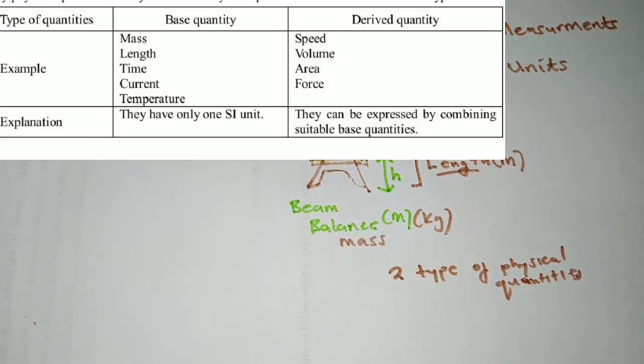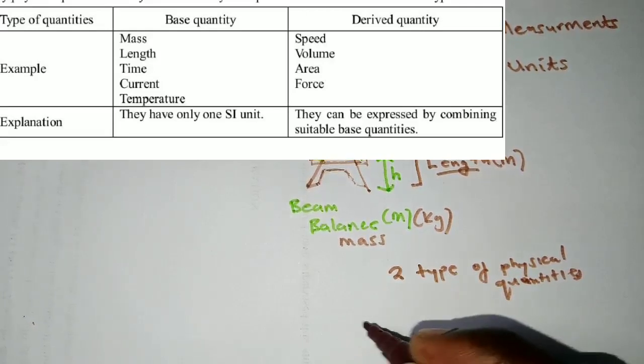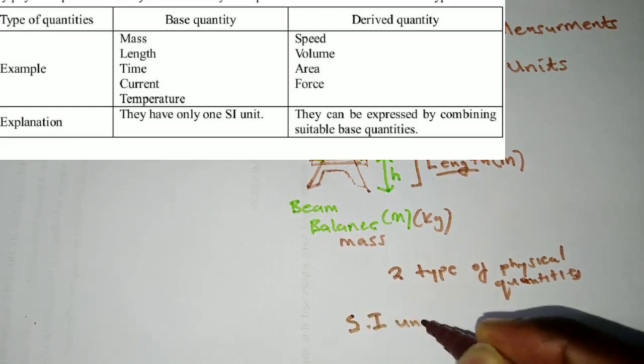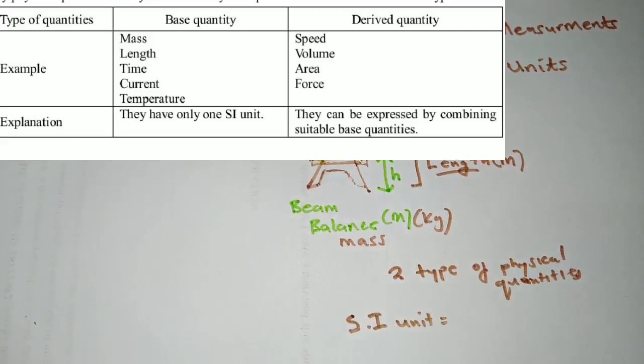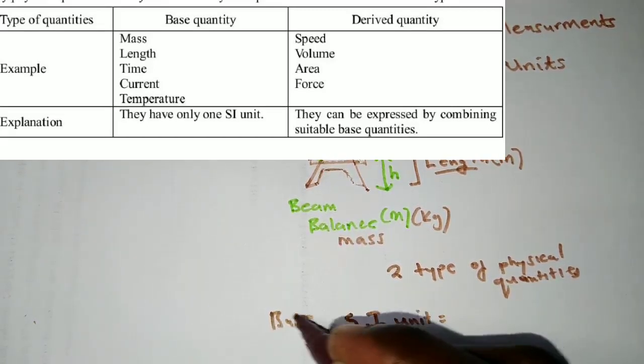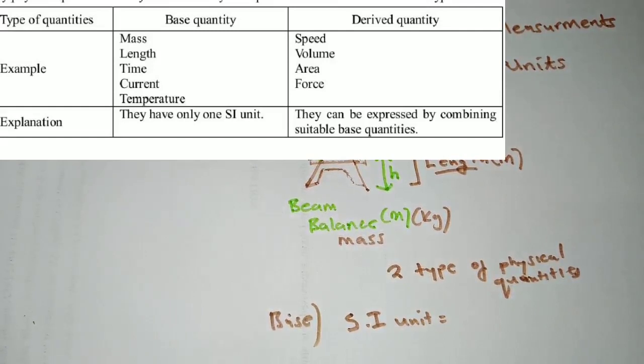When we look at the mass, it's a physical quantity. What we know about base quantities is that they only have one SI unit. An SI unit means an international standardized unit.